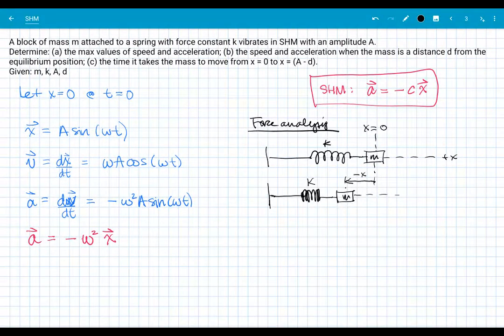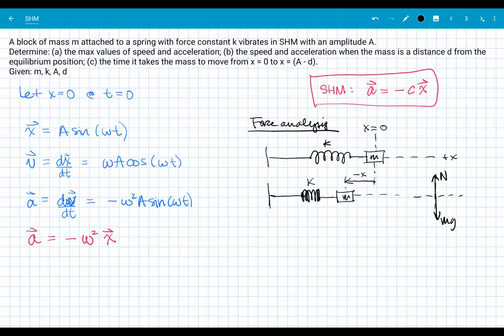If I were to draw a free body diagram for the block at this point, I'll do it right here. We could say it's on a surface and it has weight and normal force. These aren't really going to help me describe my situation, because they are not going to affect the simple harmonic motion piece.